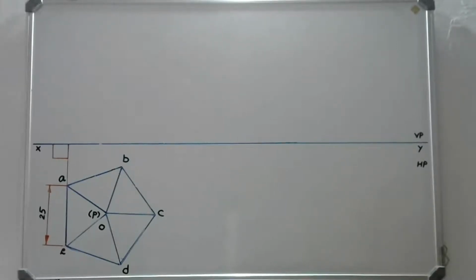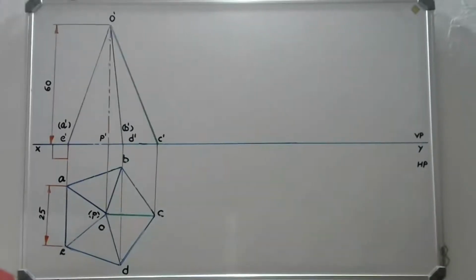In that case, the left edge of the pentagonal pyramid base, that is AE, is perpendicular to VP. Then project all the corners to the front view and obtain the corresponding front view for this case. We got the required front view also. The corner C and the slant edge connecting that corner, OC, are maintained.